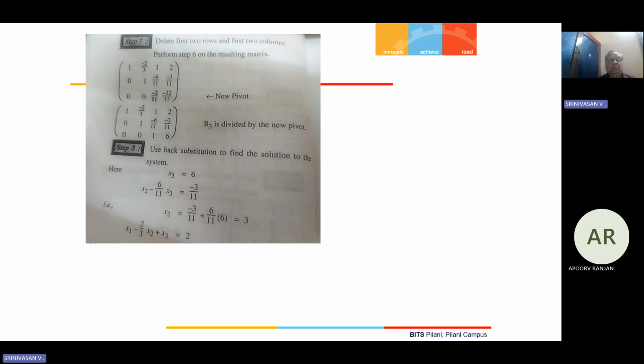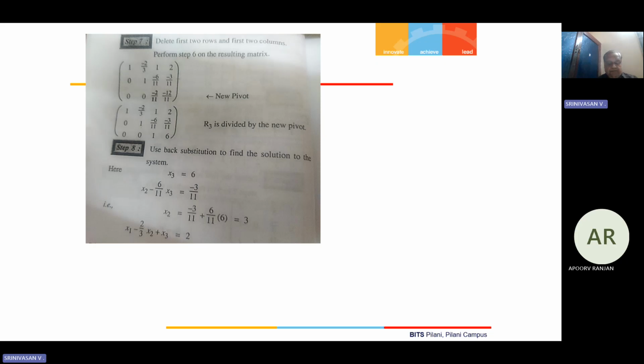That's it. So now the last one, we have got now the third row, third column, minus 2 by 11. You have 1 there, and minus 6 by 11. If you take the absolute value, it is bigger. So again here, by R3, you are interchanging now, isn't it? Because this is bigger.